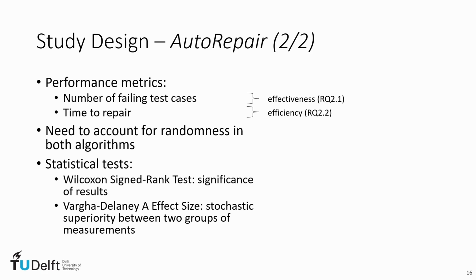And then we will also use the Vargha-Delaney A effect size, which is able to determine stochastic superiority between these two groups of measurements when they're run on the same metric. So if we run AutoRepair on the number of failing test cases, and we run Ariel on the number of failing test cases, we can use the Vargha-Delaney effect size to determine stochastic superiority between these two different algorithms. And so that's how we're going to measure and answer this research question.